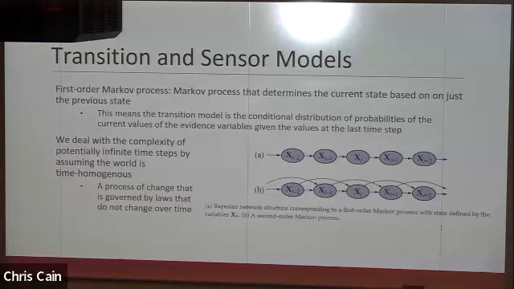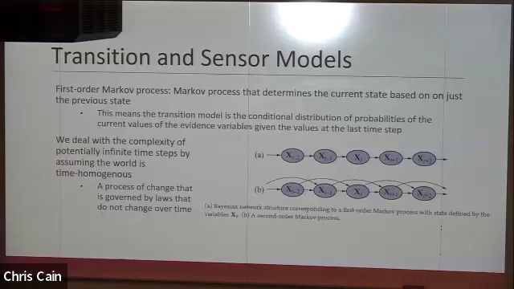So this would be one way to visualize what a Markov process looks like. Here we have time t-2, t-1, t+1, t+2, and in a Bayesian network, as in part A here, there's an entire history. If we're looking at what the variables are going to be like for time t+3, we have to look at the entire history.